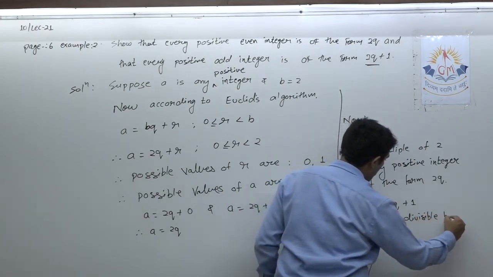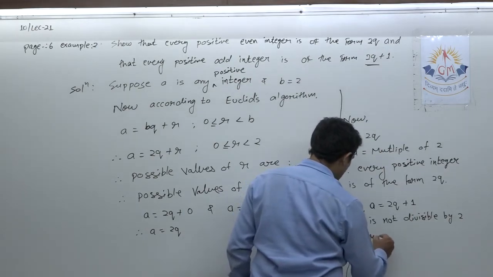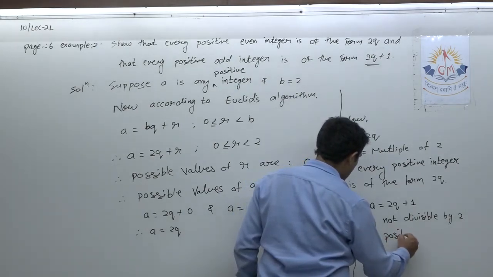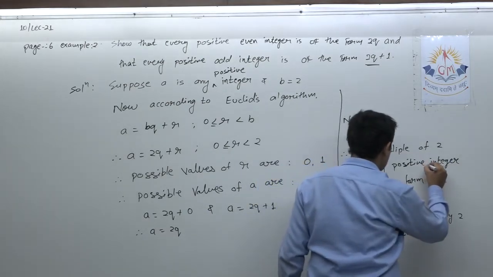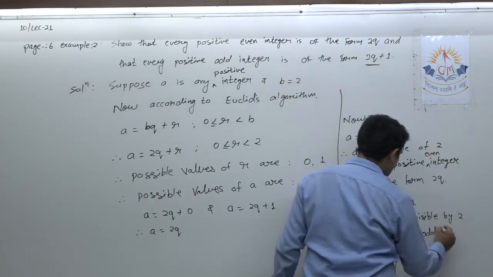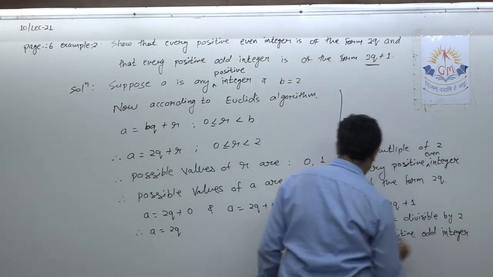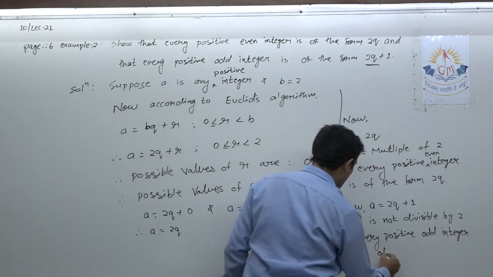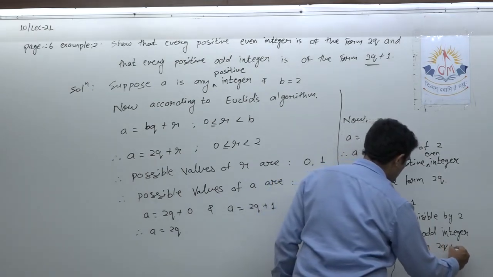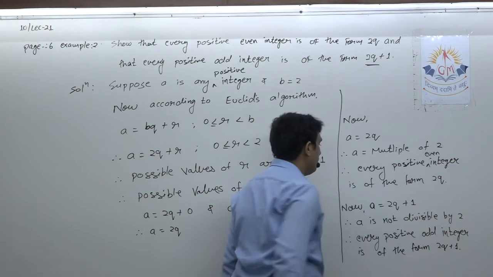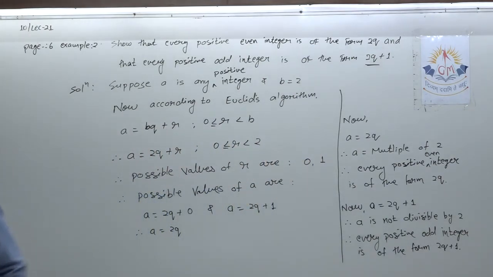Therefore I can say every positive odd integer is of the form 2q plus 1, hence proved. Okay, so please note it down, then we will see the next question.